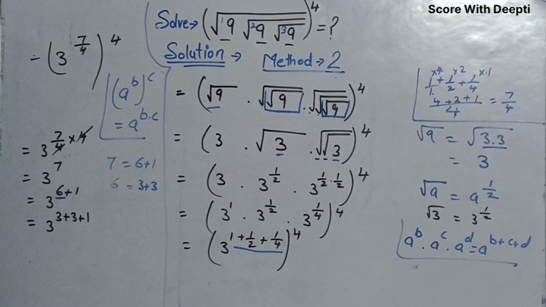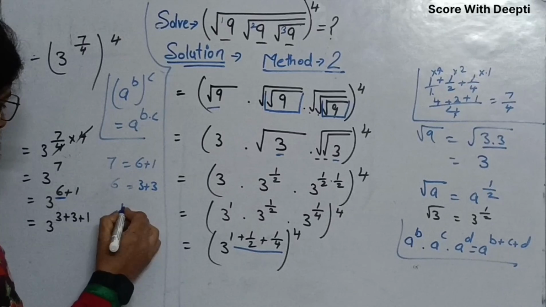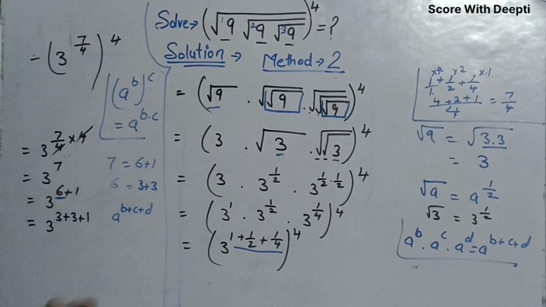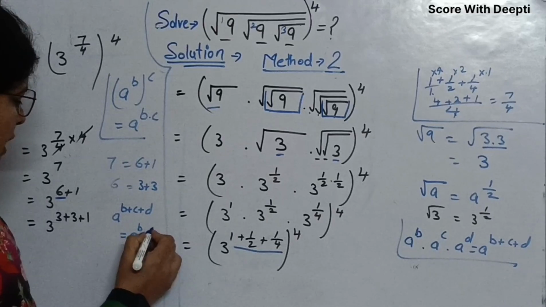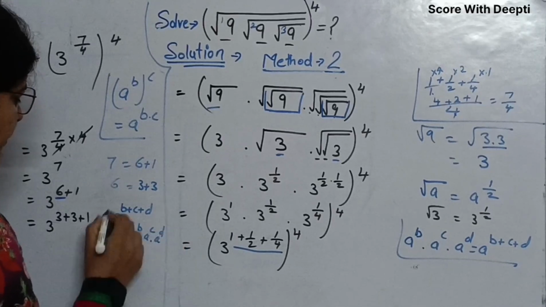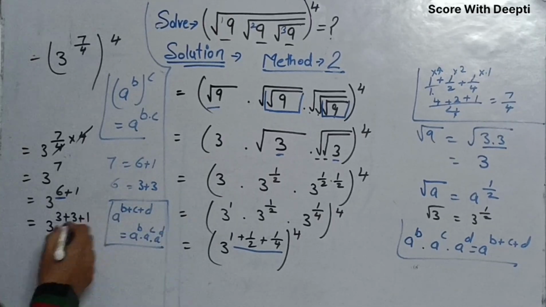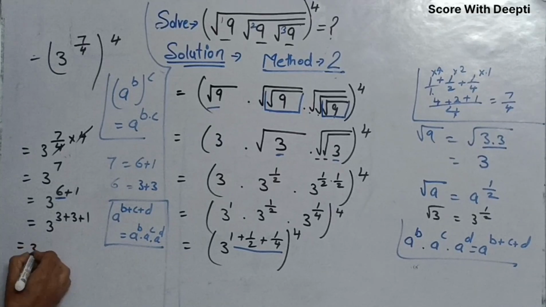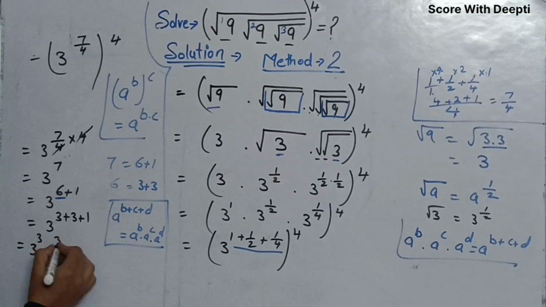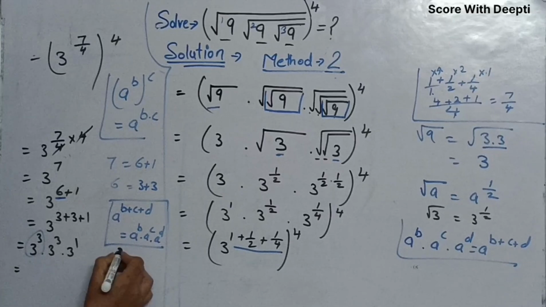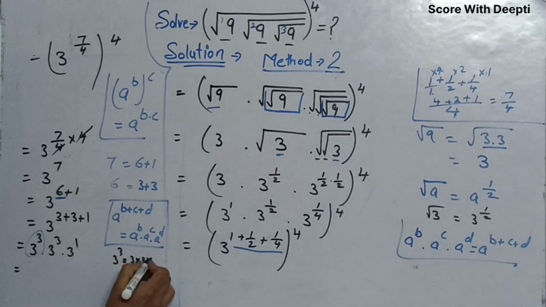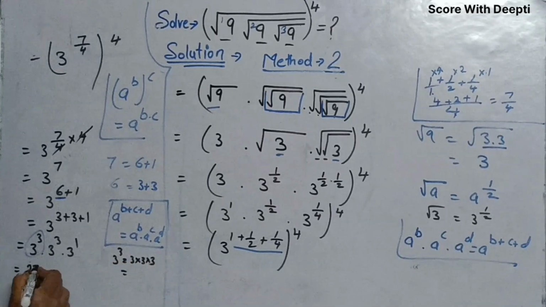Now we apply the identity that a to the power b plus c plus d is equal to a to the power b into a to the power c into a to the power d. We apply this identity here and we get 3 to the power 3 into 3 to the power 3 into 3 to the power 1. Next we solve 3 to the power 3. 3 to the power 3 equals 3 times multiplication of 3, and we get 27.